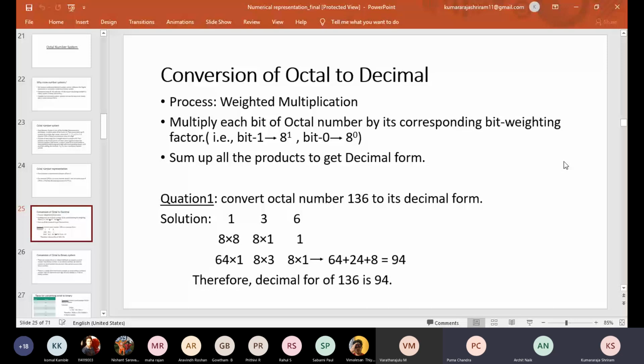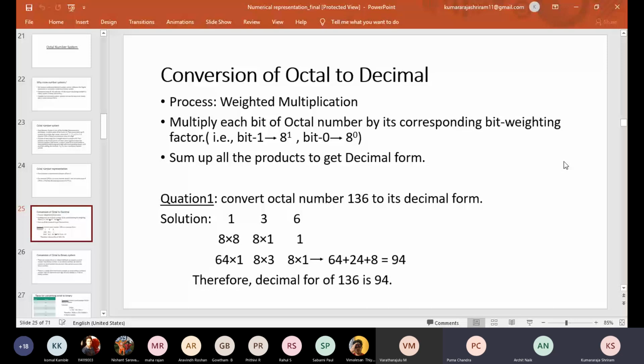The process we follow is weighted multiplication. Multiply each digit of the octal number by its corresponding weighing factor. That weighing factor depends on the position of the digit: for the digit at position 1 it will be 8 power 1, and at position 0 it will be 8 power 0, like that. And we sum up all the products to get the decimal form. In this question, we convert 136 to its decimal form.